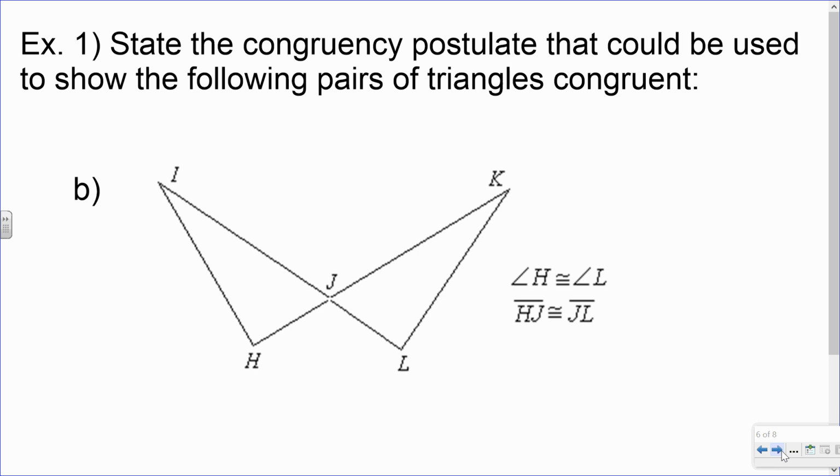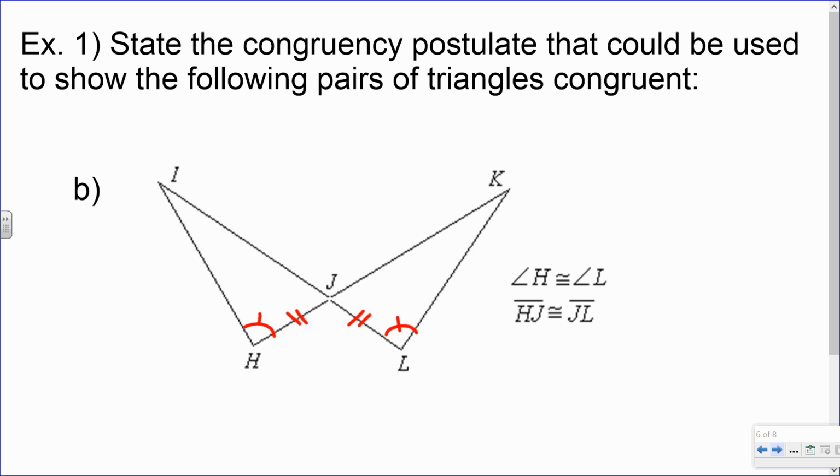So once again, we'd write it down someplace where we could start to mark things on it. This time they tell us angle H is congruent to angle L. And then we know that HJ is congruent to JL. Am I going to be able to say that these are congruent? What am I going to think through with this one in order to get there? Help me out here.